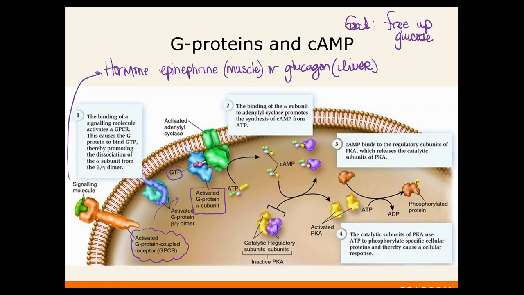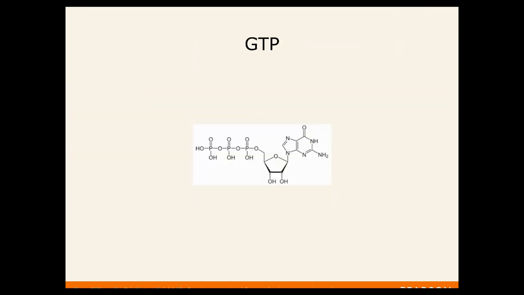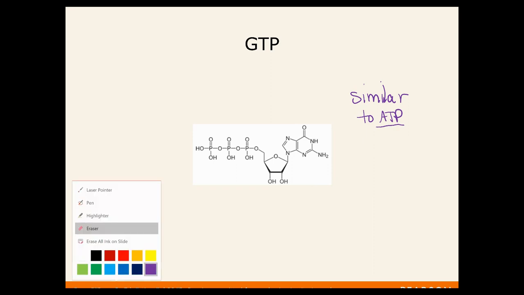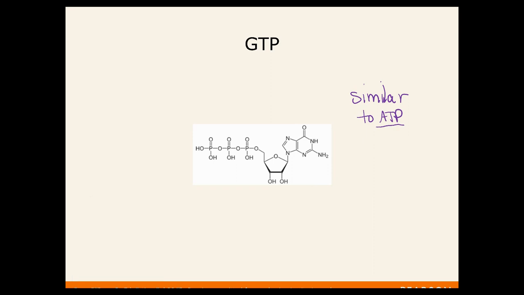Now let me go back on the PowerPoint. Here's GTP. It should look similar to ATP. ATP was adenosine triphosphate, GTP is guanine triphosphate. So the difference is really the nitrogenous base. That's the difference between these two.